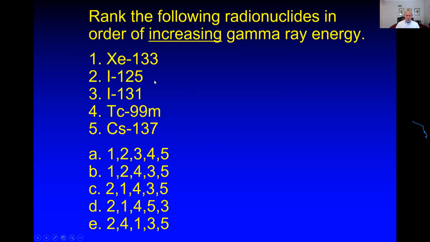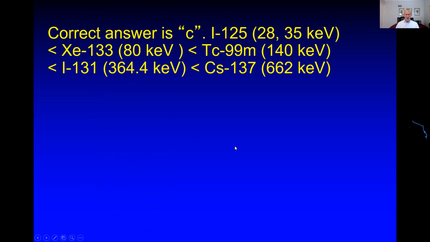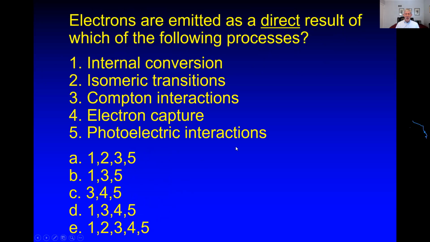So the lowest will be iodine, followed by xenon, followed by technetium, then this iodine and cesium. So that would be 2, 1, 4, 3, and 5. That's choice C. And there it is. There are your energies.